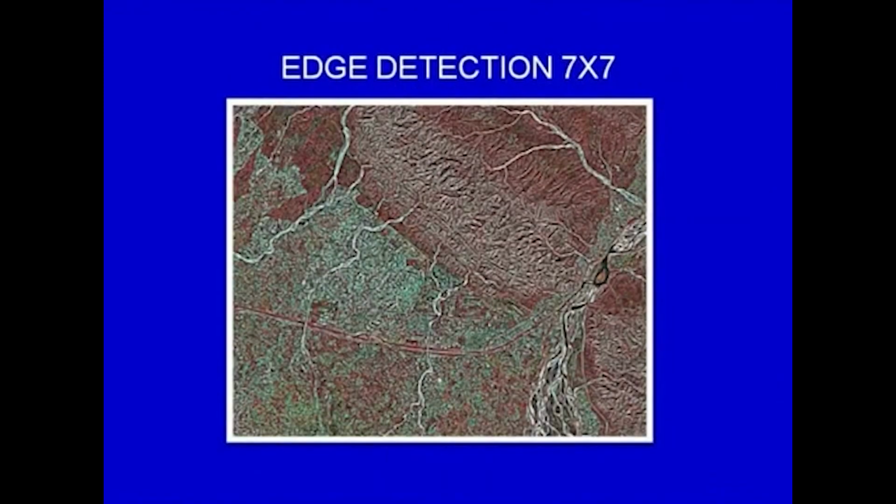In this particular slide, we can see that the edge detection filter of size 7 by 7 now increases the thickness of the edge for many of the linear objects, and it appears as if the objects are now being filled up. That is, the crispness of the edges is now slowly being reduced.